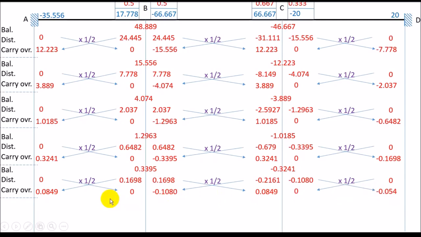So 5 iterations are enough, but the thing is that you cannot end it over the carryover step. You cannot end the moment distribution method at the carryover.